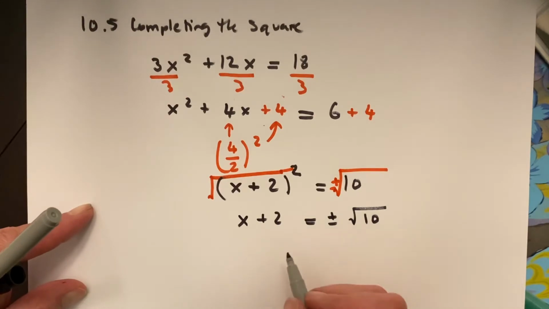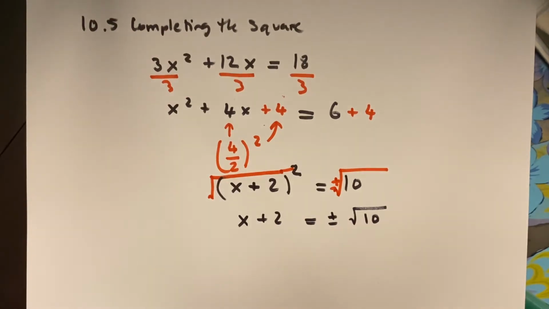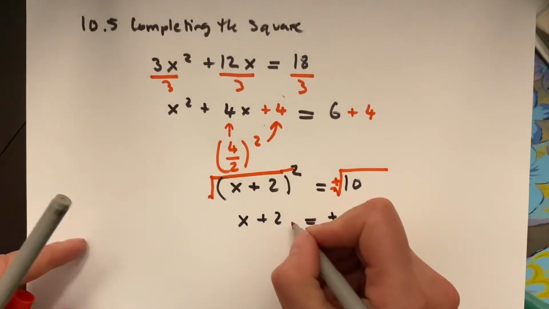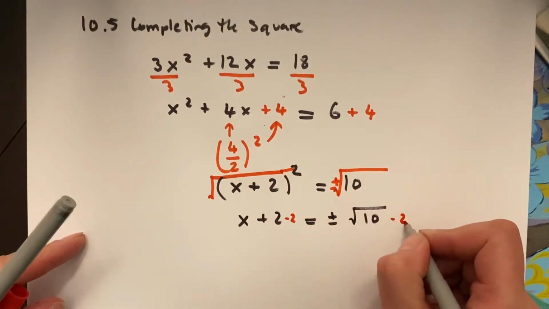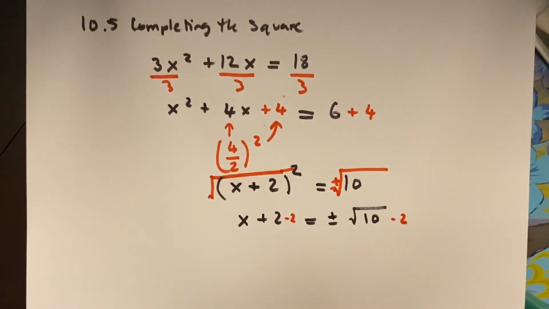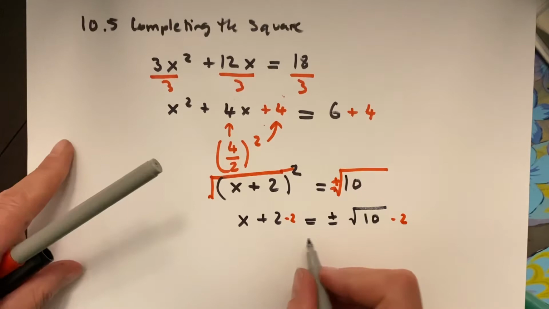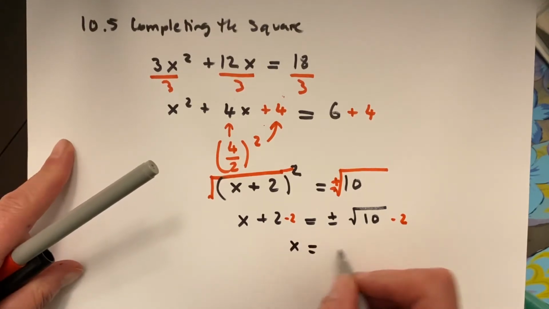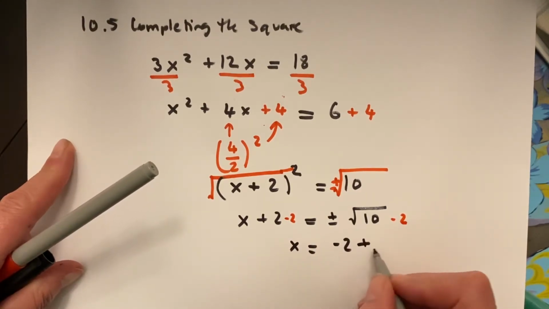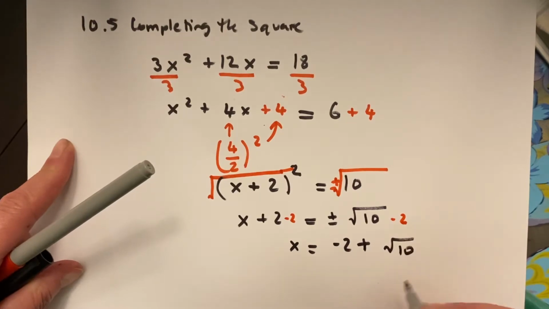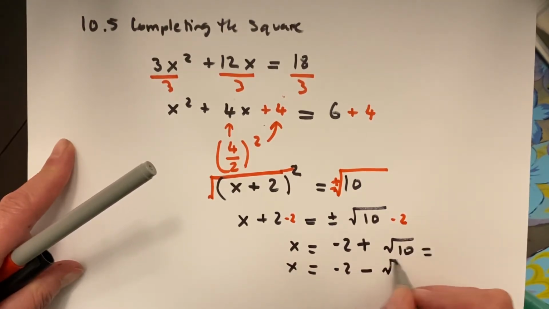I have to subtract 2 from both sides. And I end up with my 2 possible answers, x equals negative 2 plus square root of 10, and x equals negative 2 minus the square root of 10.